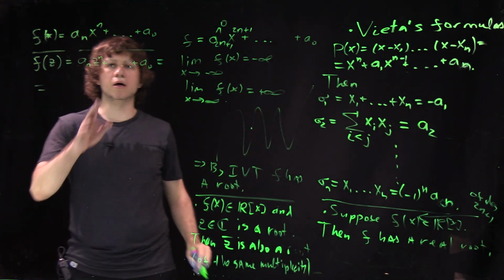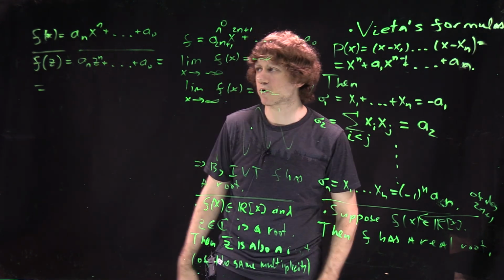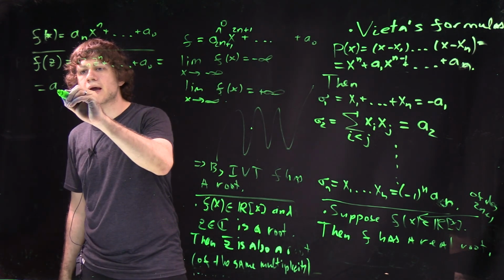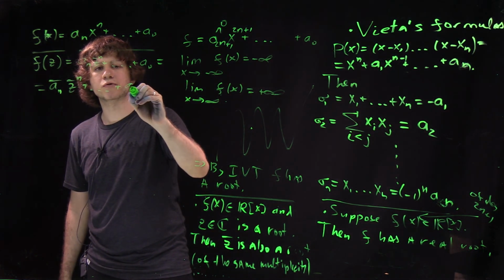But remember, when you do complex conjugation, it sends sum to sum, product to product, power to power, and so you just get a_n bar z bar^n plus and so on plus a_0 bar.